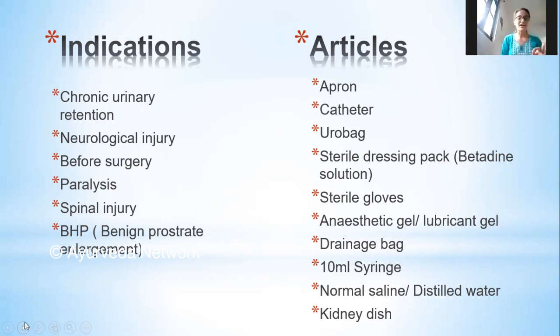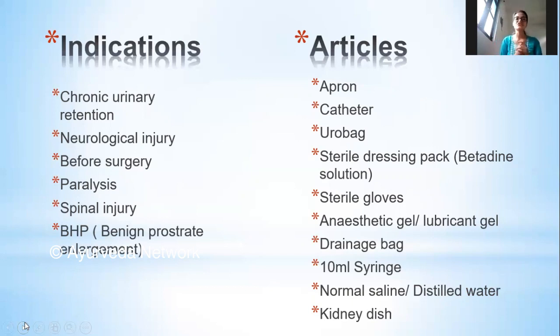You will require articles, and these articles must be sterilized. You also need to wash or sanitize your hands many times so that you don't introduce any infection. This is a must, because the most common complication seen in urinary catheterization is urinary tract infection. So you must ensure that whatever you use, whatever you do, it should be absolutely sterile in nature, right?